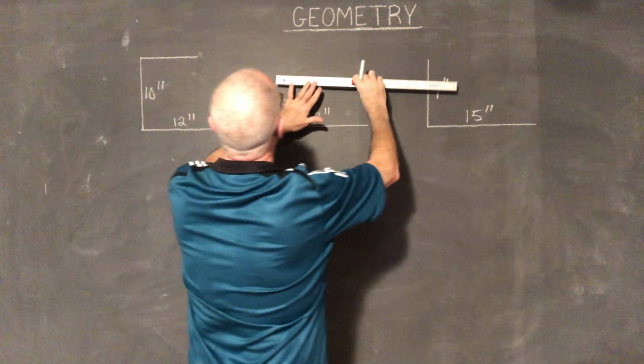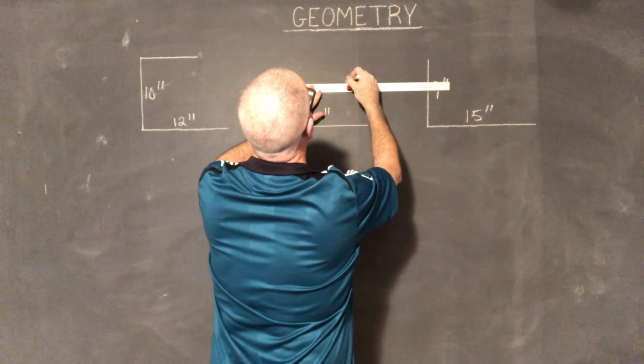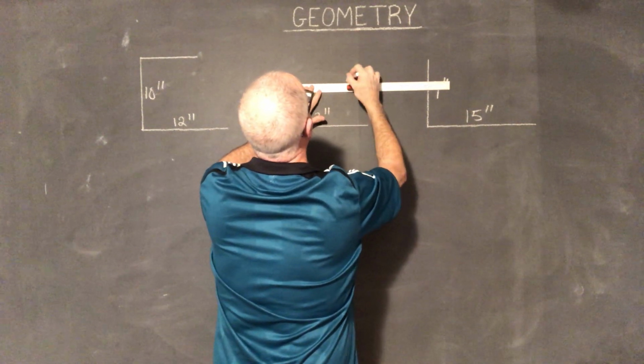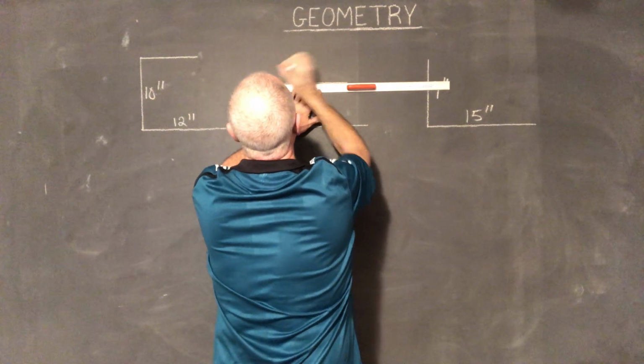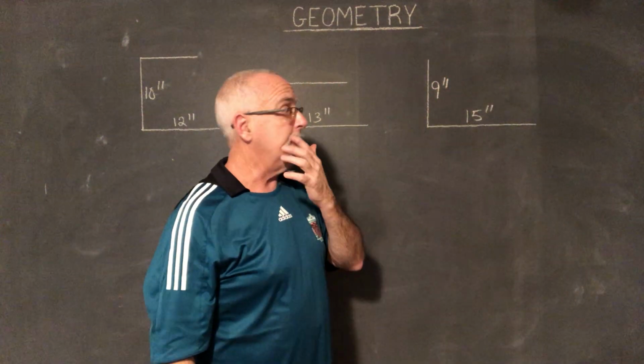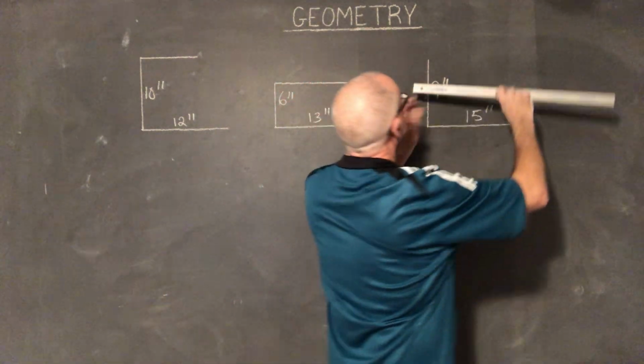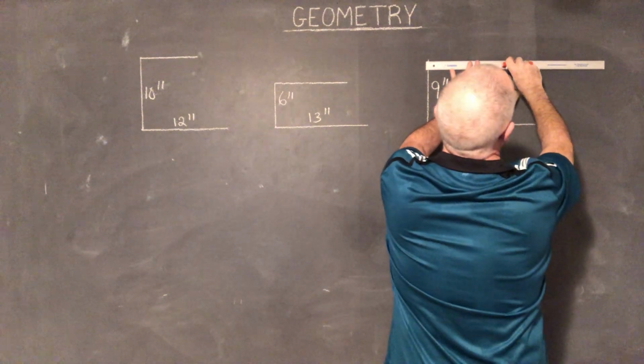This one, we had 13 to start with, I'm going to make this base 2 10 inches long. And then this one, we started with 15, I'm going to do something different. I'm going to make the one opposite longer. So how about 18 inches in length?